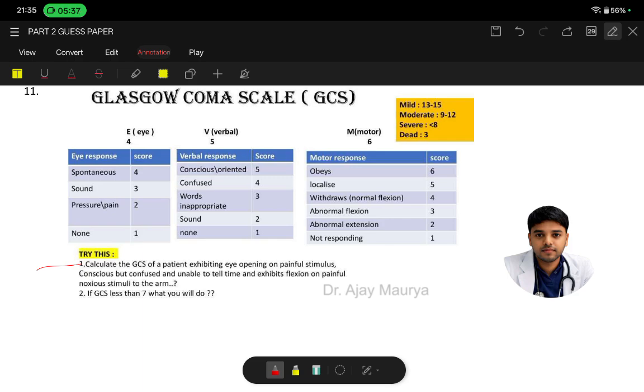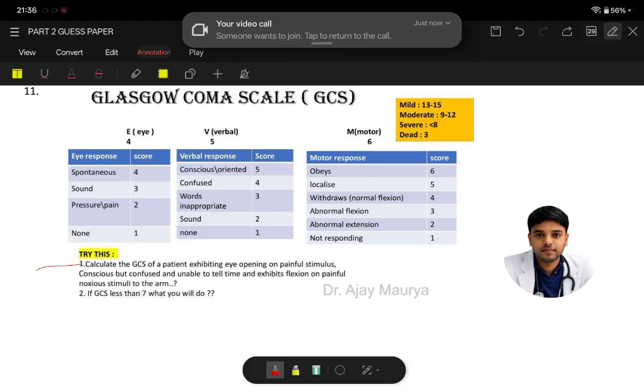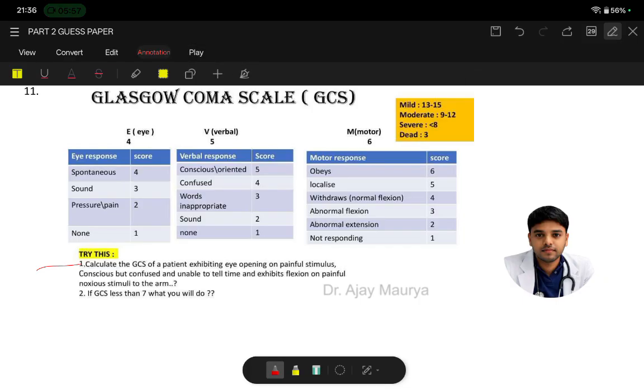Calculate GCS of a patient exhibiting eye opening on painful stimulus, conscious but confused and unable to tell time, and exhibit flexion on painful noxious stimulus to the arm. Don't say simply 10 or 9. You have to be very careful. How 10?